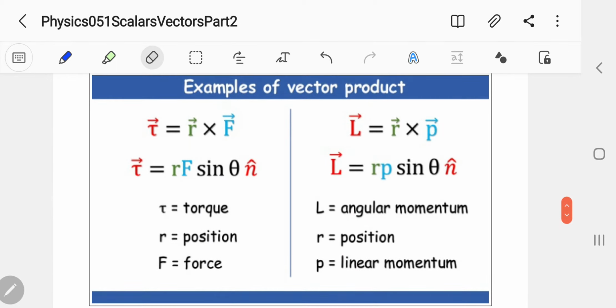Examples of vector product are torque or angular momentum. Later on you will study torque and angular momentum. So this is R cross F, and this is R cross P, momentum. Those are just examples of how the operation is used in solving for some quantities in physics.